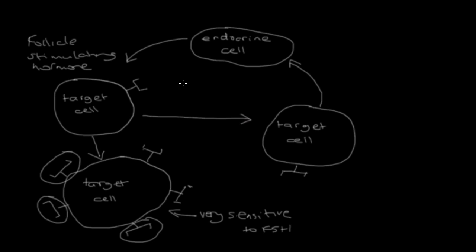There is another way as well, a slightly more simple route, and an example of this would be in the clotting cascade. So the endocrine cell secretes something which acts on the target cell. The secretion of that on the target cell actually then just increases the production of the response.